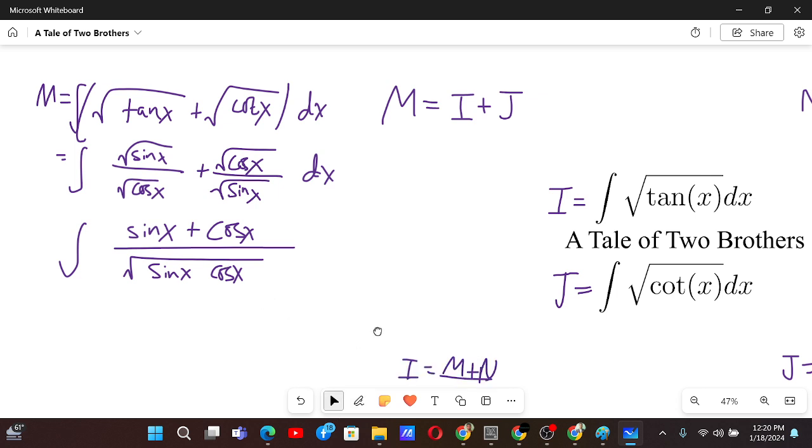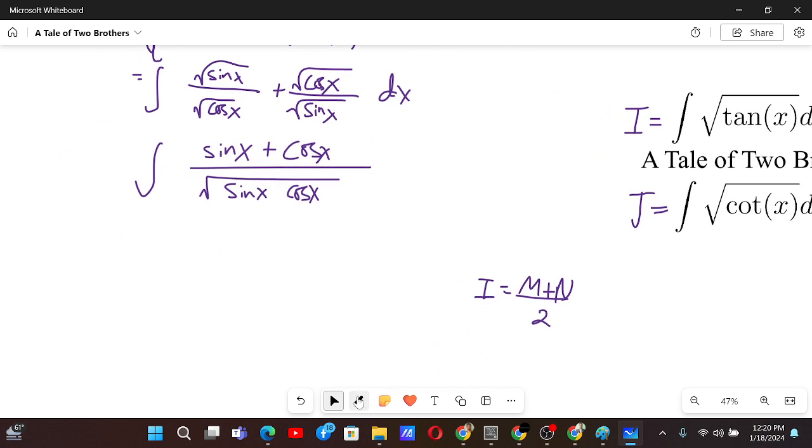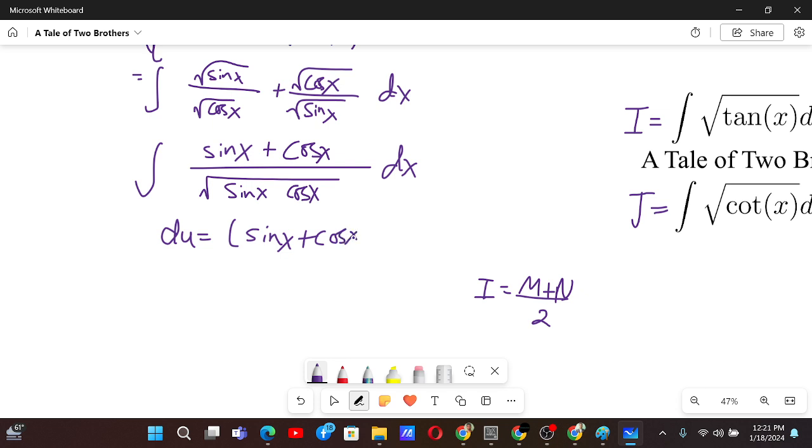Now in this scenario, what we can do is make a substitution du such that it gives (sin x plus cos x) dx. In that case our u can be expressed in terms of these expressions.